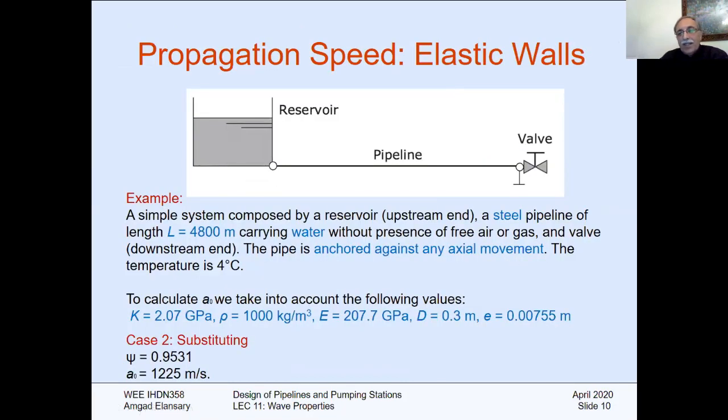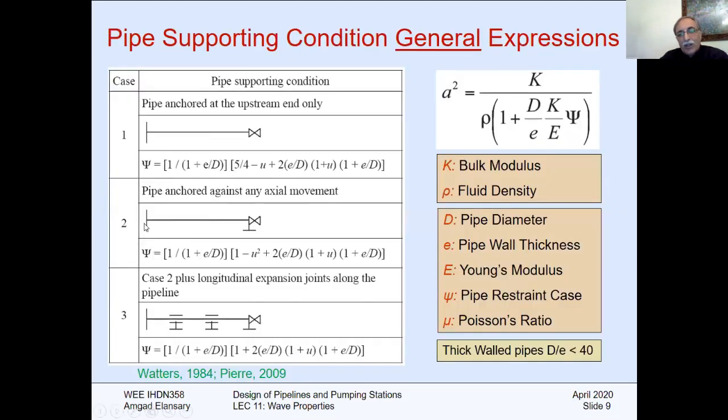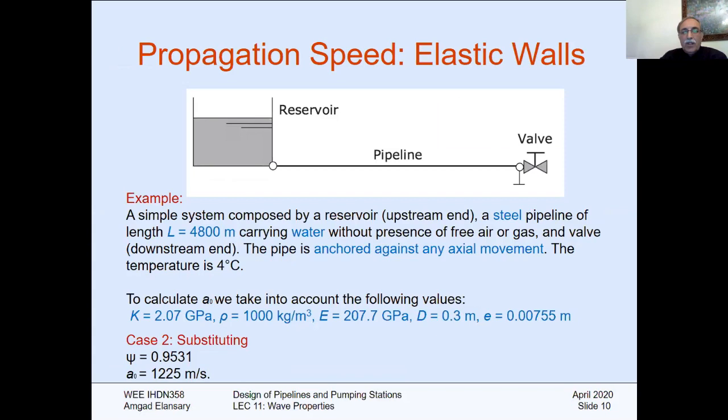Propagation speed of an elastic wall: we have a reservoir, pipeline, valve. You can notice the fixation at the valve and the fixation at the reservoir, the upstream. This can imitate the same fixation as case 2, a pipe anchored against any axial movement.